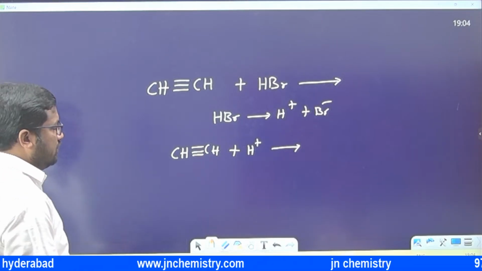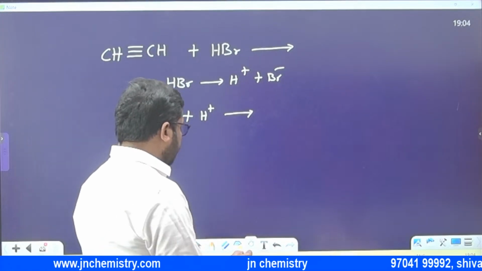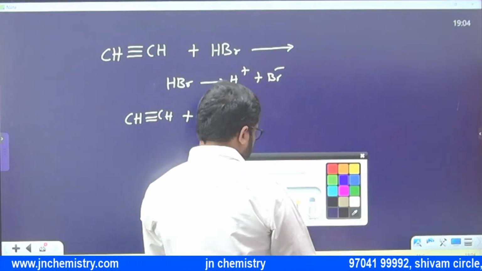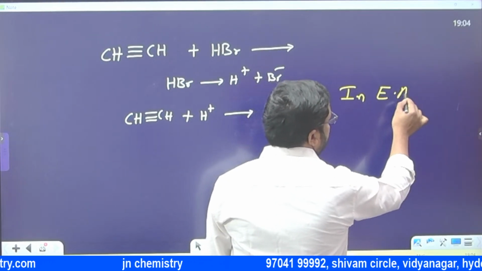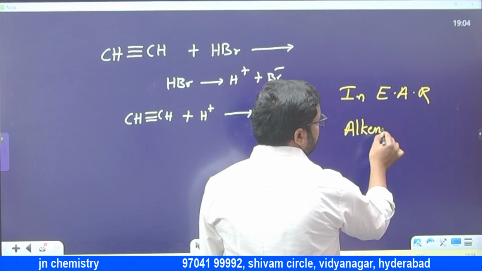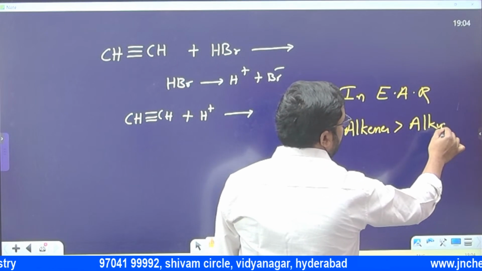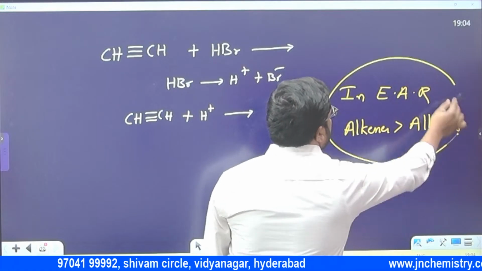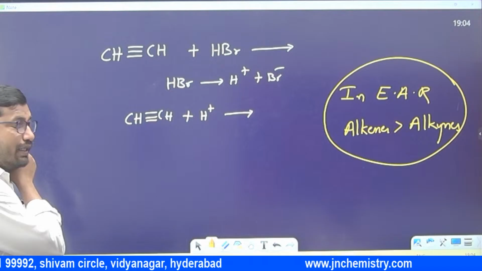Write it down: in electrophilic addition reactions, alkenes are more reactive than alkynes. Important point. Of course, this is a symmetrical alkyne.